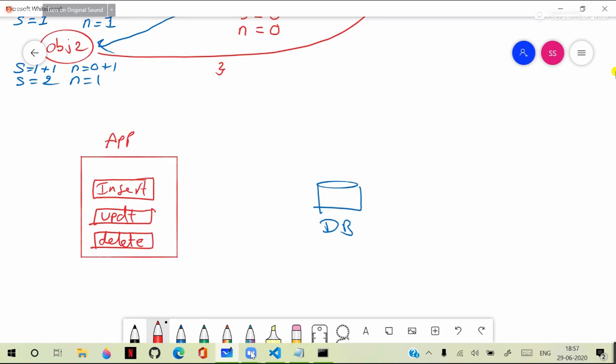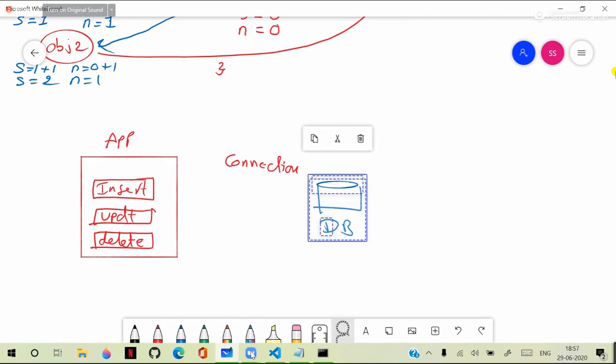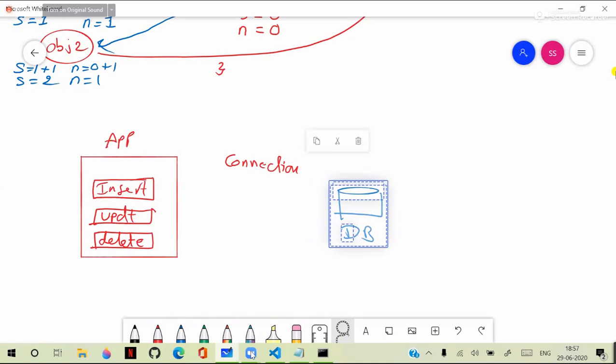That means we need to handle insert, update, delete. But before insert, update, or delete, I need to first connect with the database. So we are defining the connection with the database.